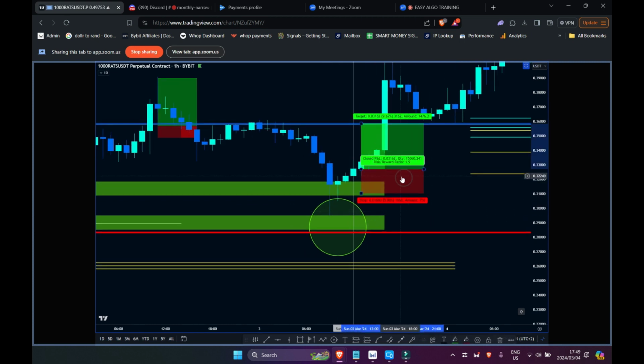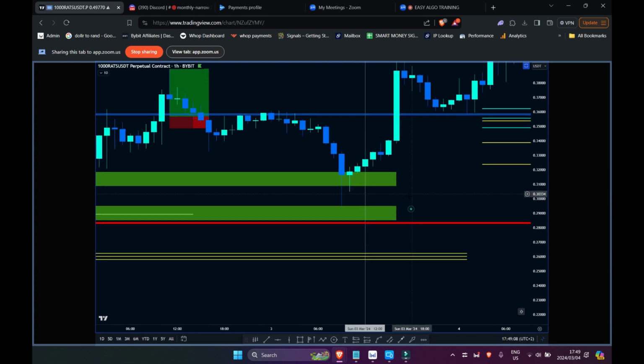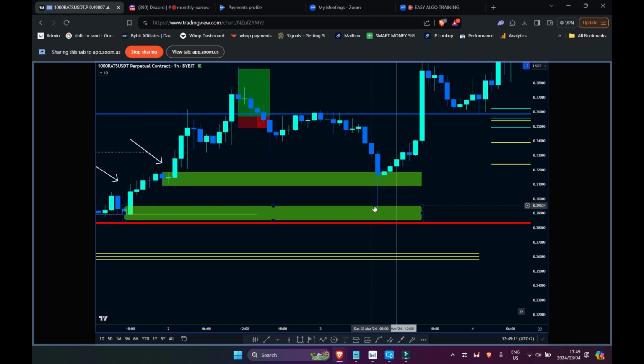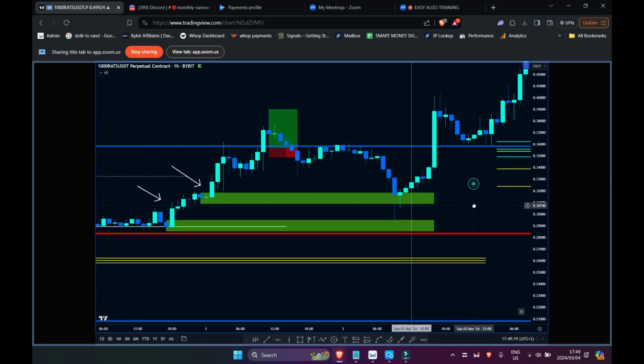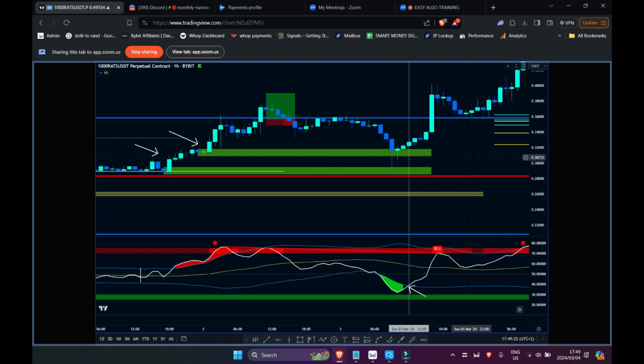If you were just going to go off price action and you had experience with price action, you could have set limit orders and entered as soon as price touched this demand zone or around this area. This would have been an entry for you. It all depends on your skill level, and some traders only trade on price action. They wouldn't use any of these indicators.